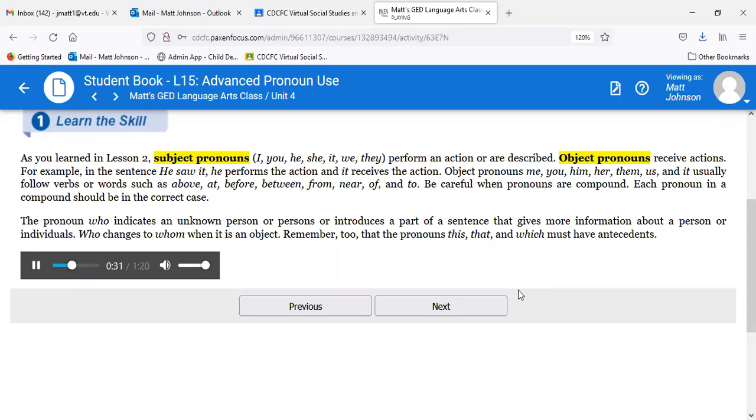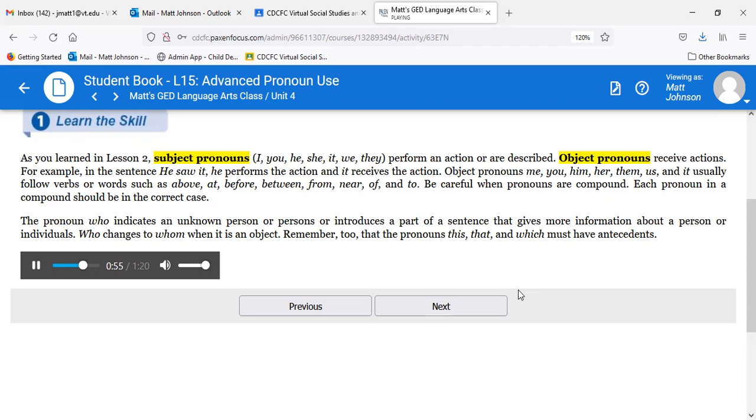Object pronouns me, you, him, her, them, us, and it usually follow verbs or words such as above, at, before, between, from, near, of, and to. Be careful when pronouns are compound.